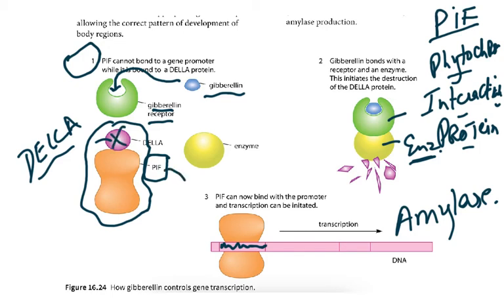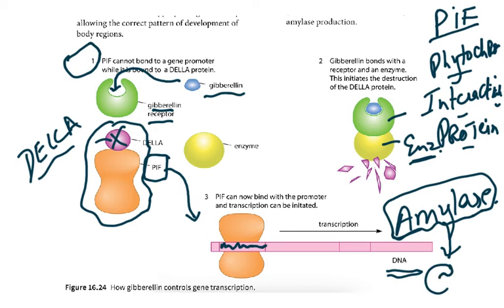Now this PIF is free. It can bind to the DNA, and it is going to cause the transcription of amylase. So naturally, if transcription occurs, then translation occurs and amylase is going to be made. So the amylase is going to result in the starch in the endosperm being converted to maltose, maltose to glucose, and the glucose will be respired and energy released.